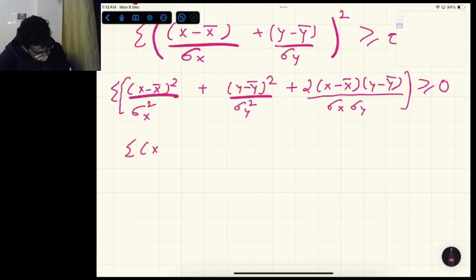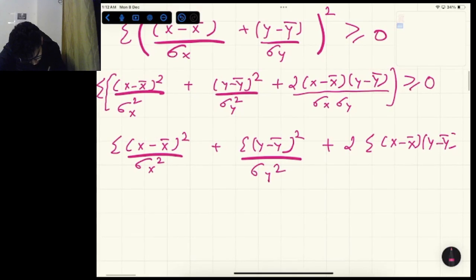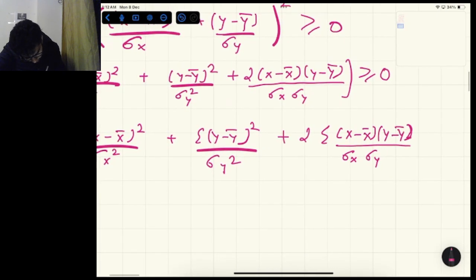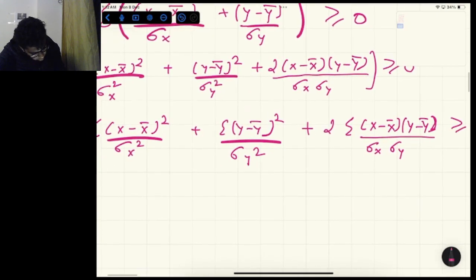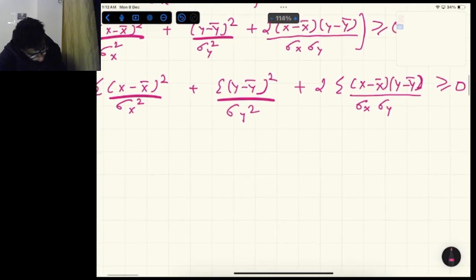The sigma term: x minus x bar whole square over sigma x whole square, plus sigma y minus y bar whole square over sigma y square, plus 2 times, now sigma goes inside, x minus x bar into y minus y bar divided by sigma x sigma y. This whole term is greater than or equal to 0, right?